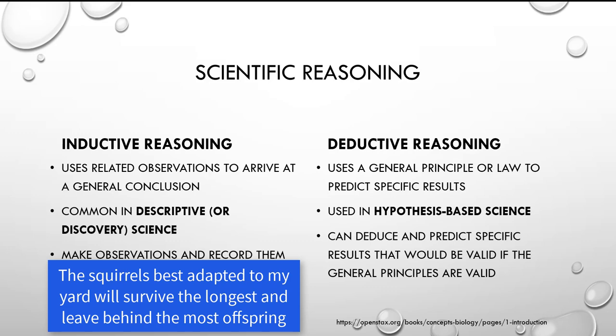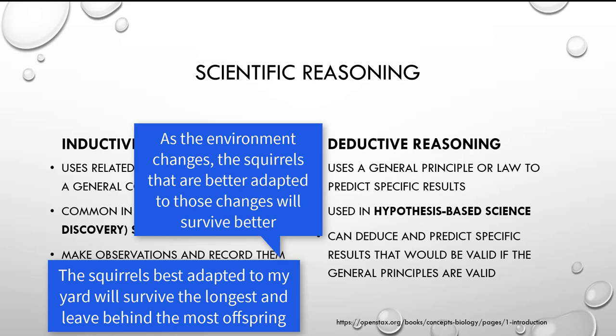From that general premise, I'm going to predict that over time, if the environment changes, the individuals that are better adapted to the changing environment will survive better. So I'm basically predicting the results for the future. Deductive reasoning uses some sort of general principle or law to predict specific results for the future.